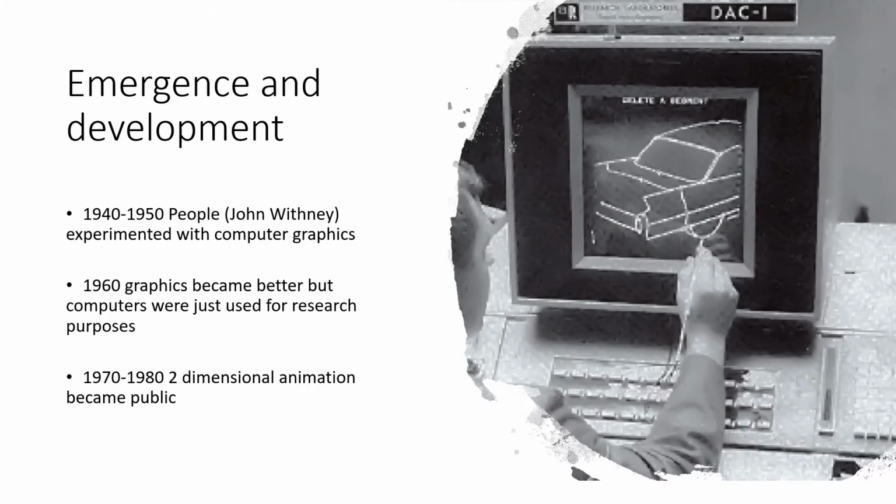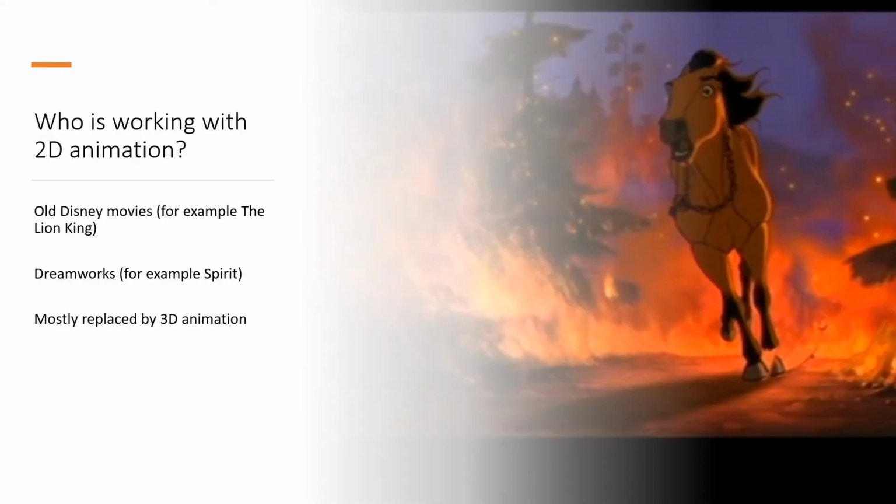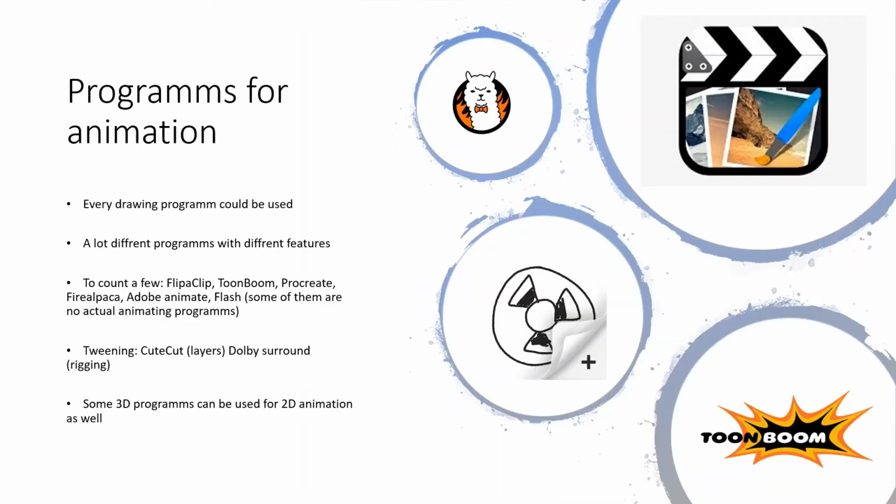But between 1970 and 1980, two-dimensional animation became public and people used it. They worked with it. They made movies with it, like Disney used 2D animation for making their old Lion King movies and all these princess movies. And DreamWorks made Spirit with it, where you can see a frame at the right side of the picture. But 2D animation is these days mostly replaced by 3D animation.